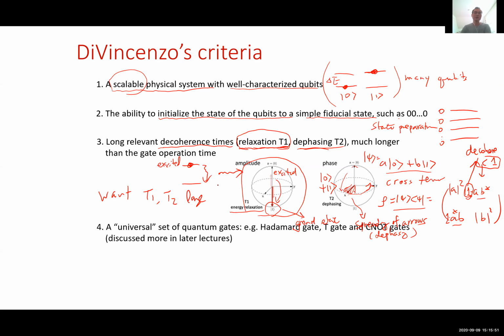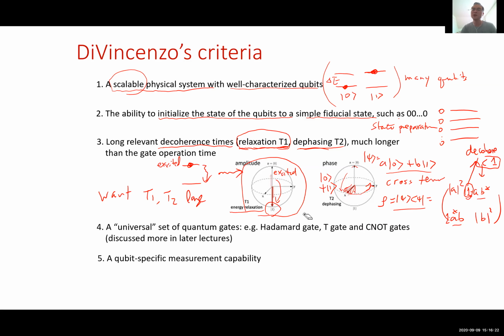The fourth criterion is that we need to be able to act on these qubits with a set of universal gates. So for example, the Hadamard gate, T gate, and control NOT gate, these are a universal set of gates. And we'll talk about the gates more later in next week's topic.